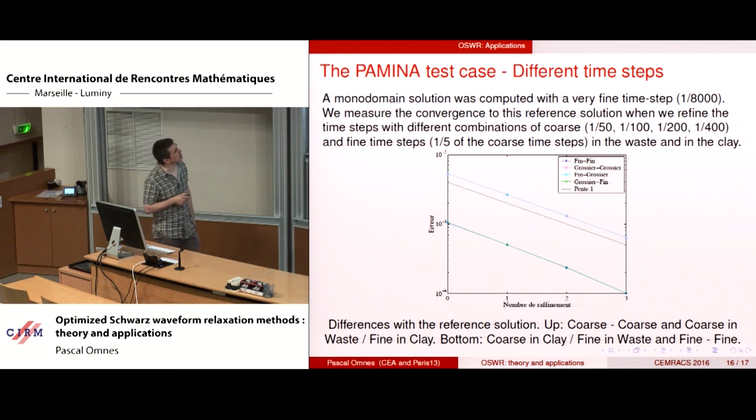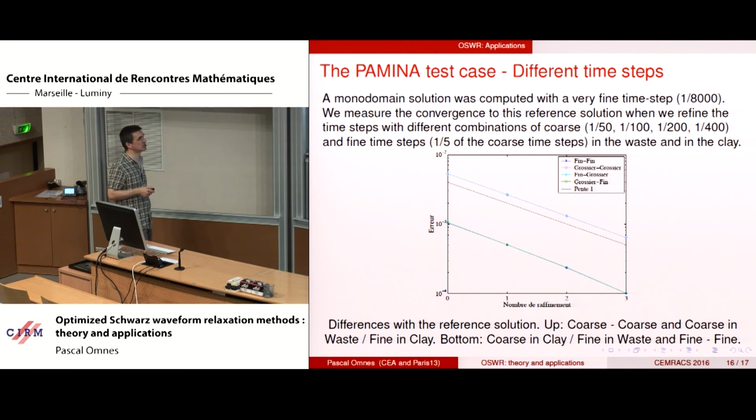What you see, well, maybe you don't see it, but there are two curves which are almost on the same line. It's when you use fine time steps everywhere, and when you use fine time steps where you need them, that is in the waste zone, and coarser time steps in the clay where you don't need fine time steps. So these two curves are almost on the same line.